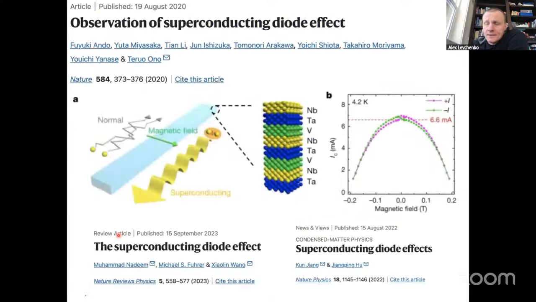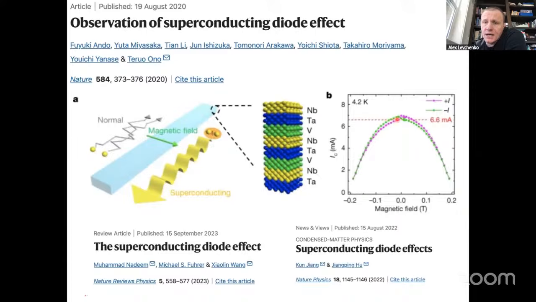So in recent years, the boost to the interest in this effect was generated primarily by this article, which goes by the title "Observation of Superconducting Diode Effect" in a niobium-based heterostructure. The plot on the right shows critical current as a function of magnetic field for different directions of the superflow.